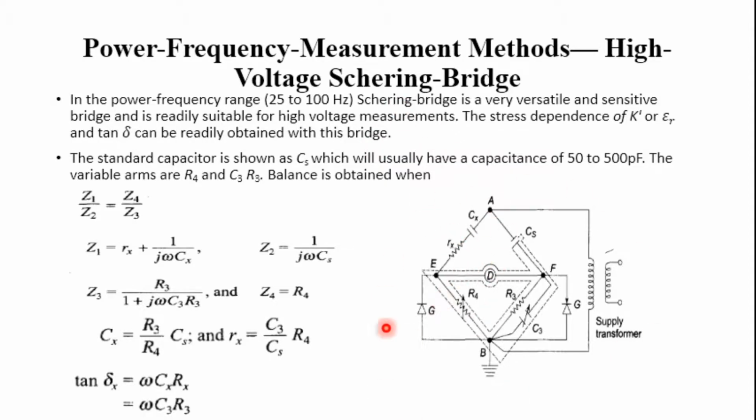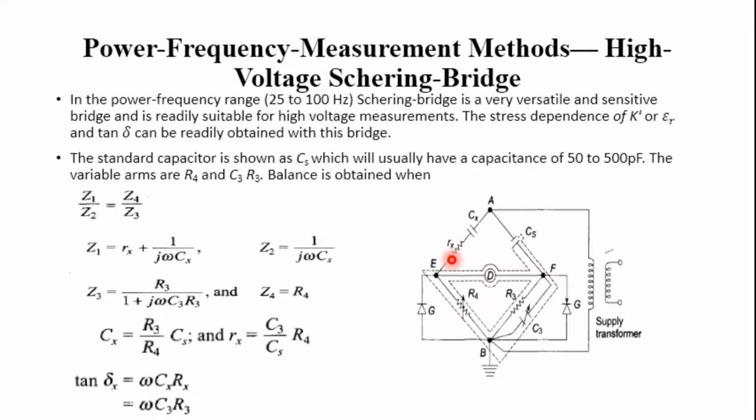This is the schematic representation which you can see. The lossy capacitor, or the capacitor with the dielectric between electrodes, is represented as an imperfect capacitor having the Cx value with the internal resistance Rx.